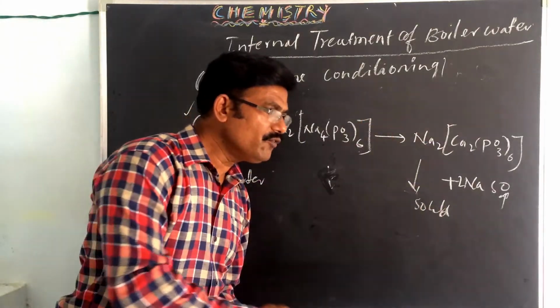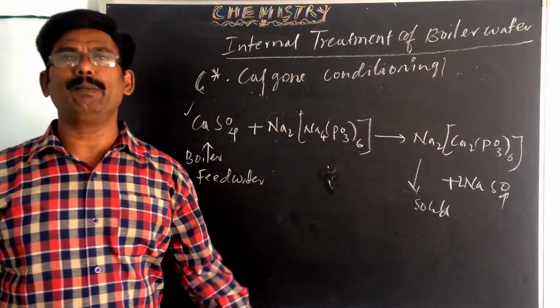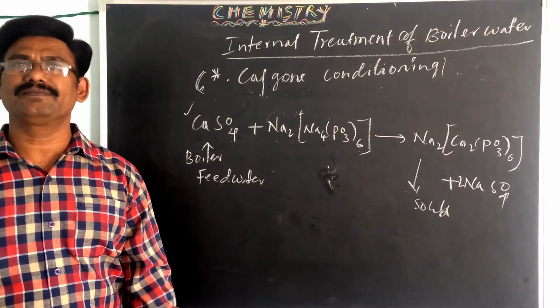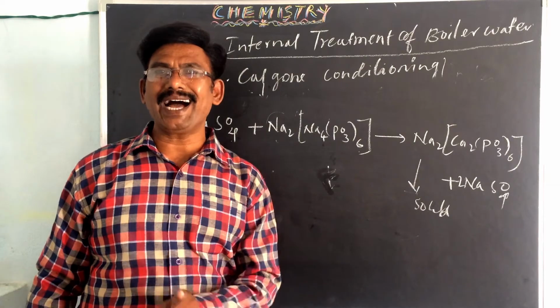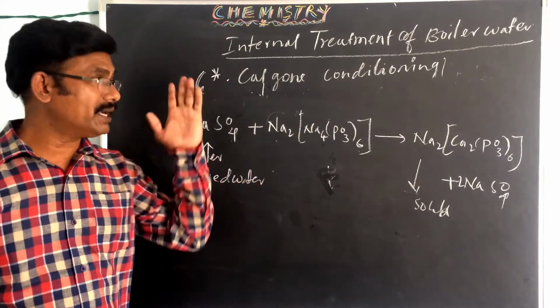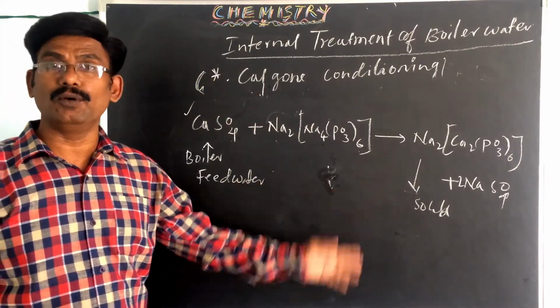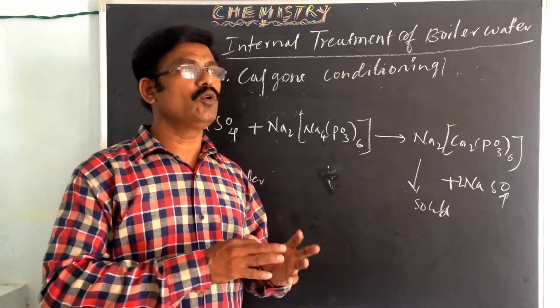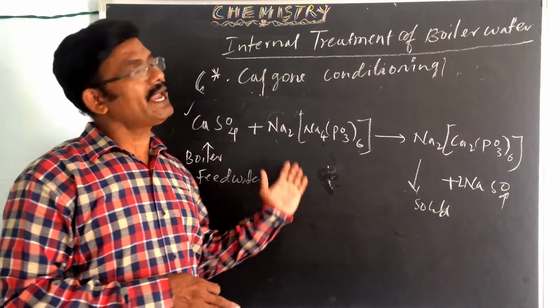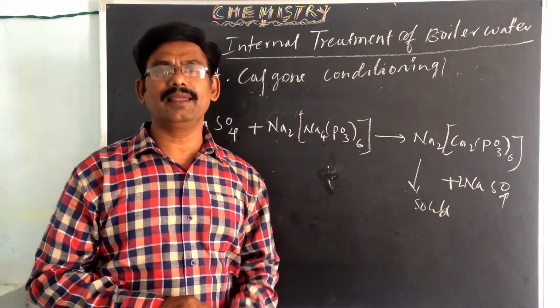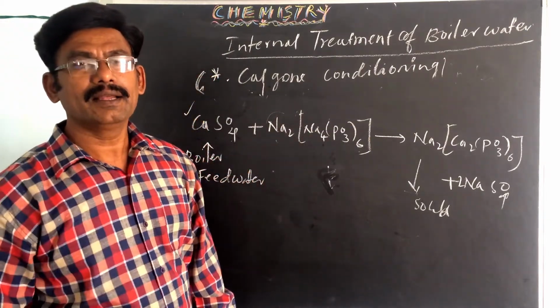Soluble in water means we can do blow down operation, so it is very easily disposable. So Calgon conditioning is better than the phosphate conditioning. It's a very good one. Loose sludge formation takes place, and we can blow down. It's very easy.